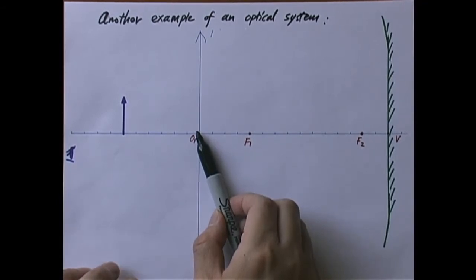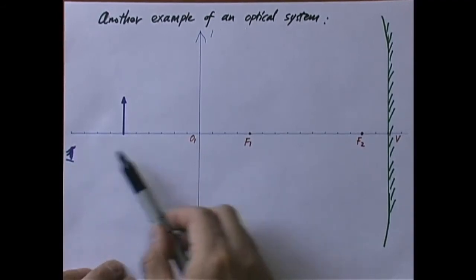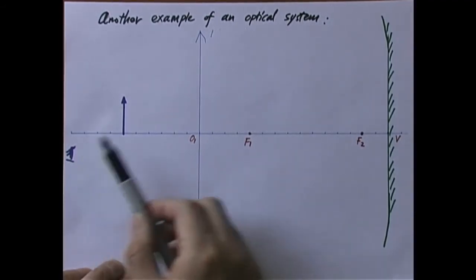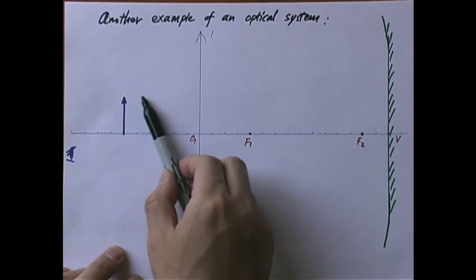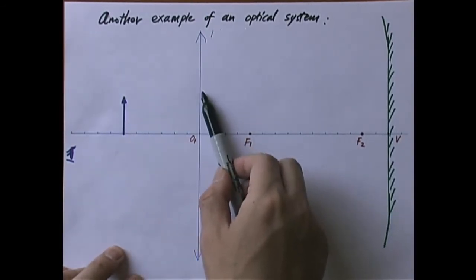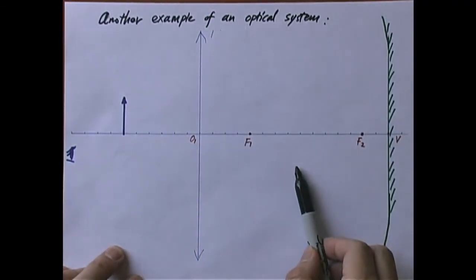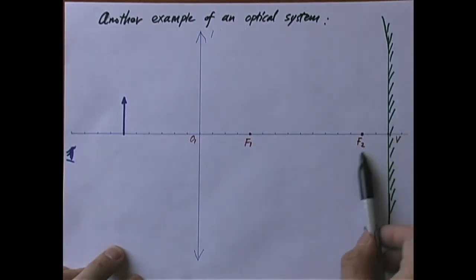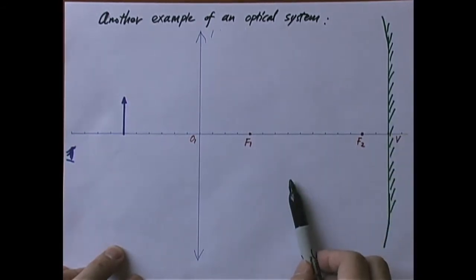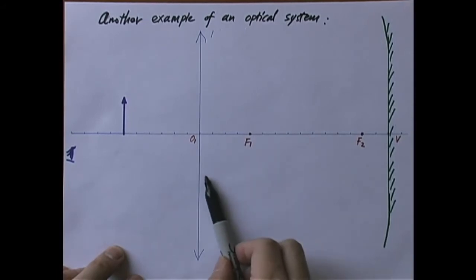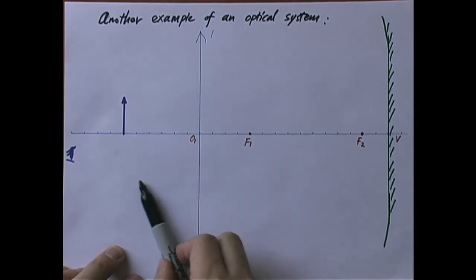I want to know where the final image would be if I look at it from this point of view. First of all, an image will be formed of this object by the first lens. It's going to be somewhere here. And then that image will be reflected from the mirror to form the second image. And that second image then goes through the lens again, forming a third image.